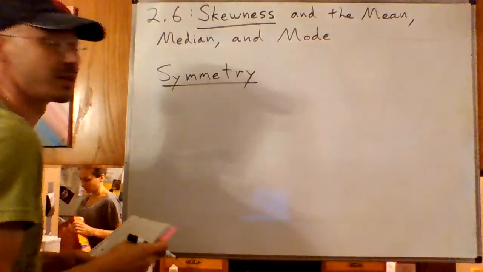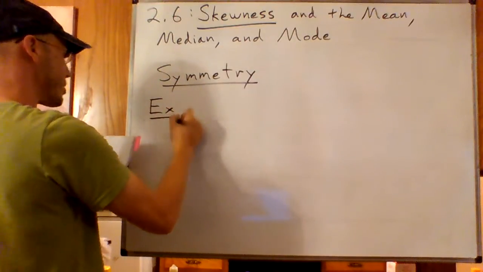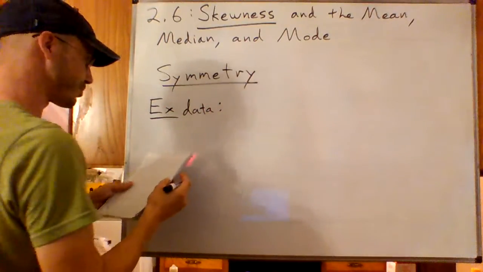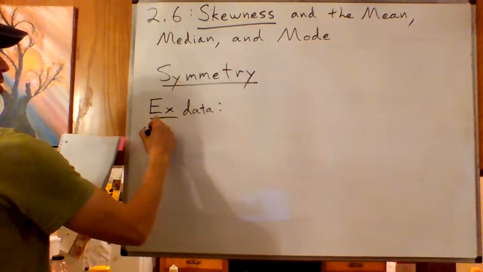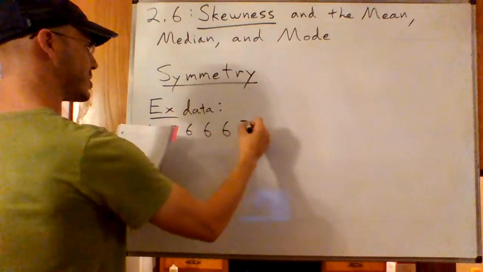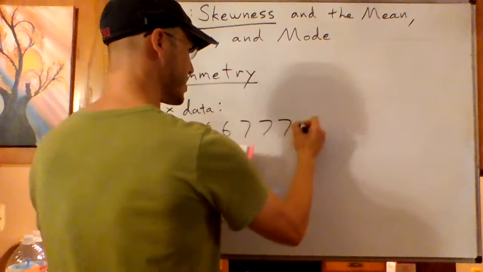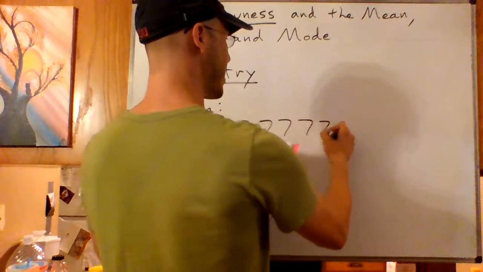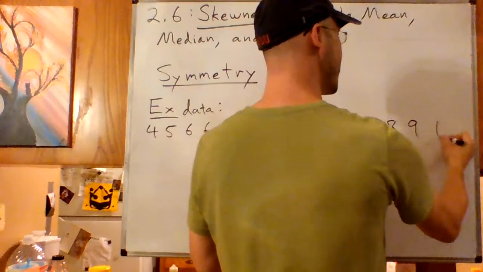In our case, symmetric data is going to look like this. Here's the example I had to start with. My data is, let me just start a new line for it: 4, 5, 6, 6, 6, 7, 7, 7, 7, 7, 7, 8, 8, 8, 9, and 10.